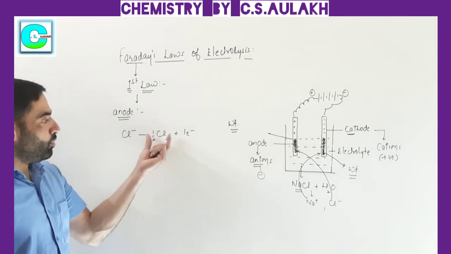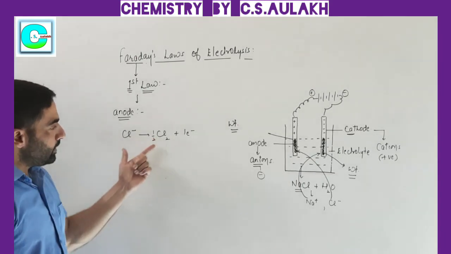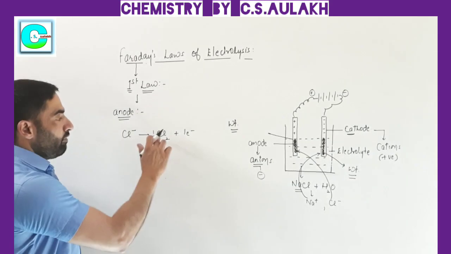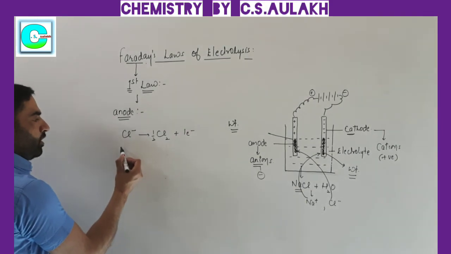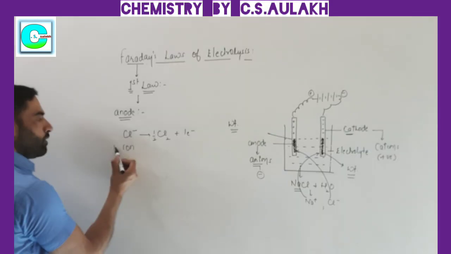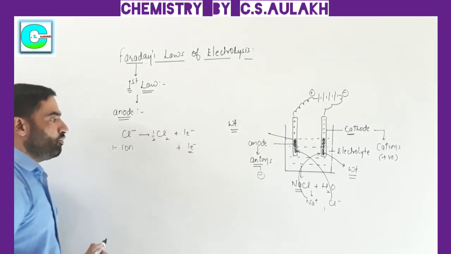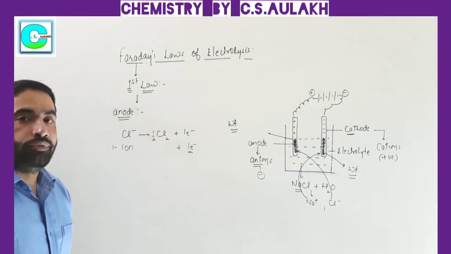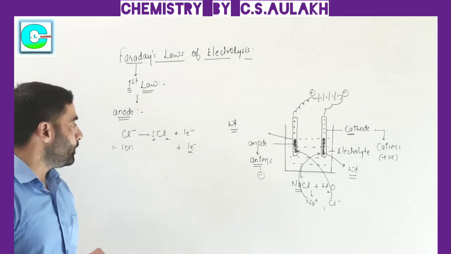We write it in the molecular form, that is 1/2 Cl2, because after cancellation it results in the formation of one Cl atom. So with the loss of one electron, there is the formation of one Cl atom over the surface of anode.